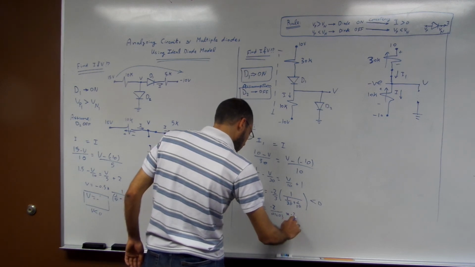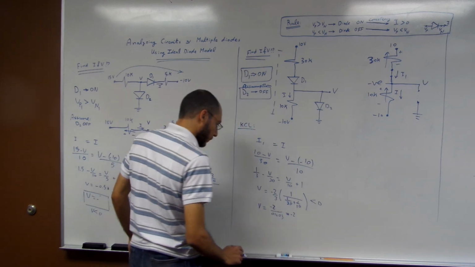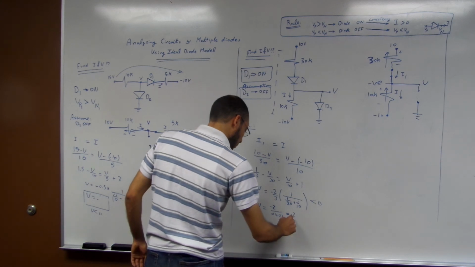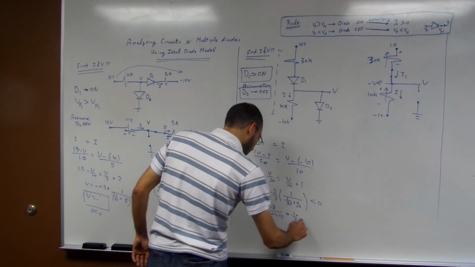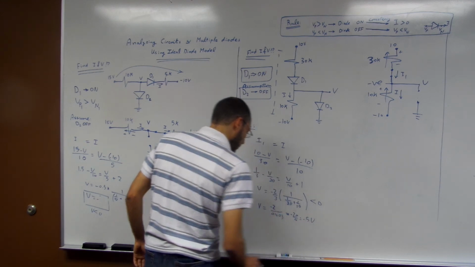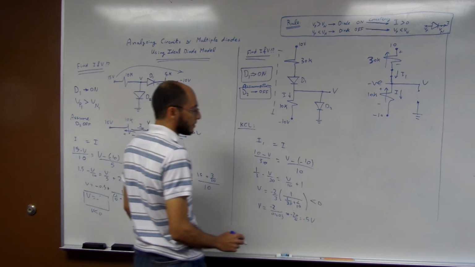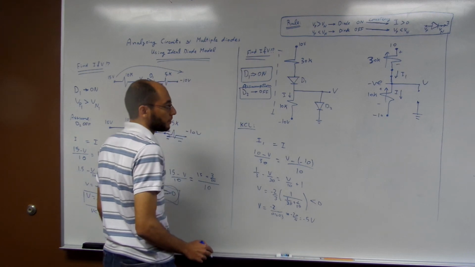Negative 2 over 0.4, so that's negative 20 over 4, equals negative 5 volts. Right?